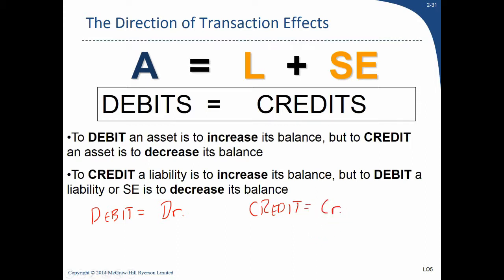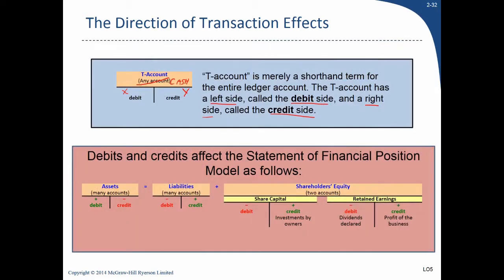So you'll start seeing this shorthand, DR and CR, and the expectation is that you understand what that means and how it'll impact the accounts. Okay, but we're still not there. If I say I'm debiting cash, crediting bank debt, that's helpful. You know what it means in terms of directionality, but we still haven't translated that information into the accounting system.